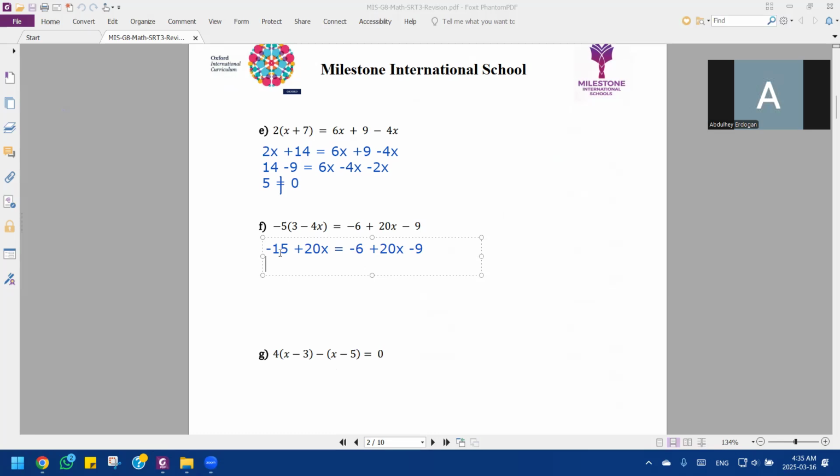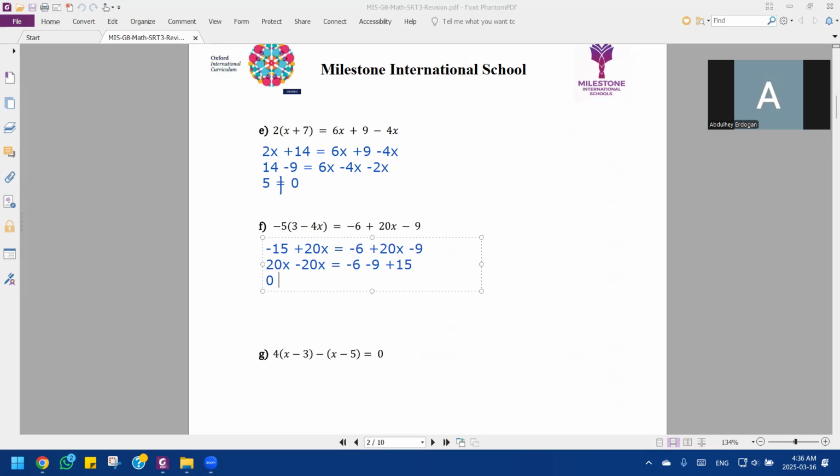Since here we have two numbers, let me take 15 to the other side and bring that 20x to the left. 20x minus 20x is equal to minus 6 minus 9 plus 15, because I bring minus 15 here.